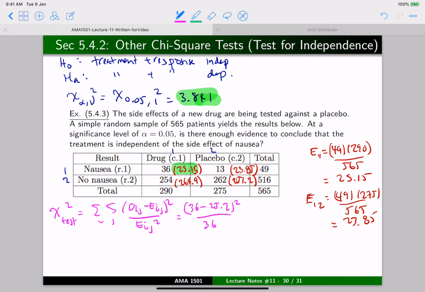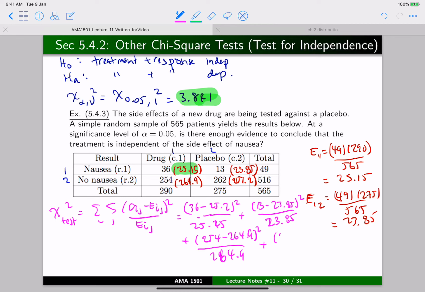Well, 36 plus 13 minus 23.85 squared divided by 23.85, plus 254 minus 264.9 squared over 264.9, plus 262 minus 251.2 squared over 251.2.